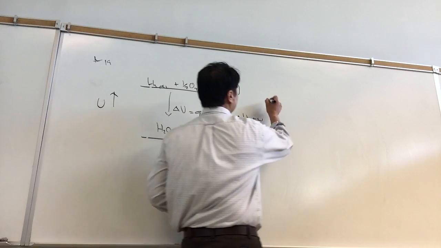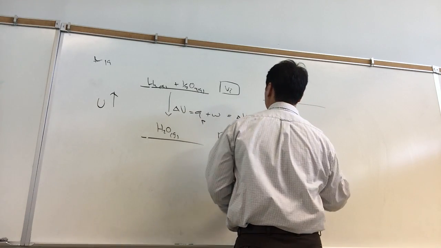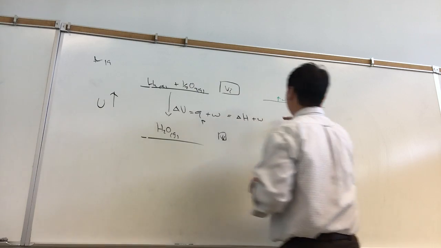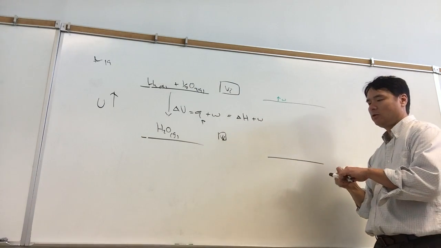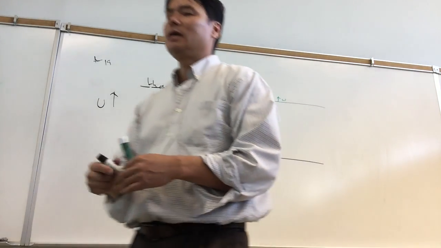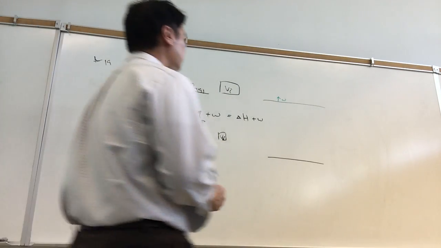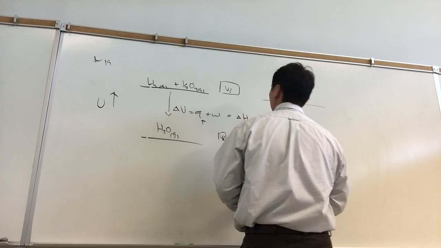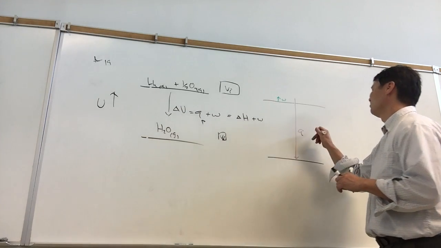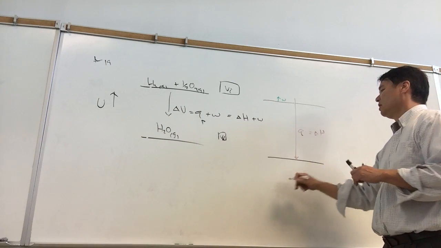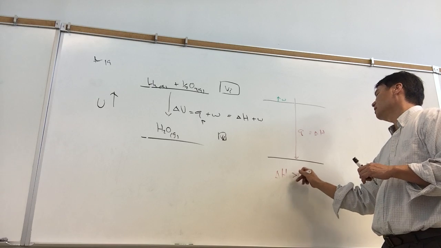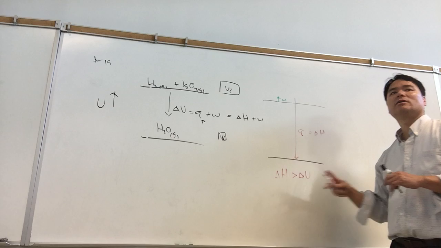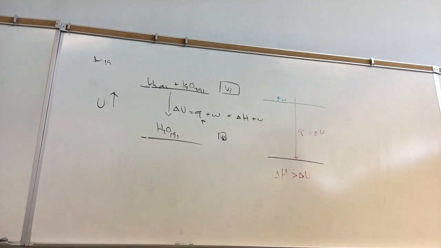And so what we can say here is that work by the surroundings increases the energy of the system, which means the heat we get out of this, Q, is going to be greater than delta U. This is delta H. And so in this case, delta H is greater than delta U. We get more energy than the total energy change because of the work done by the surroundings.